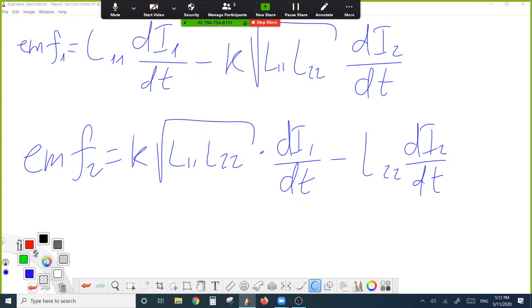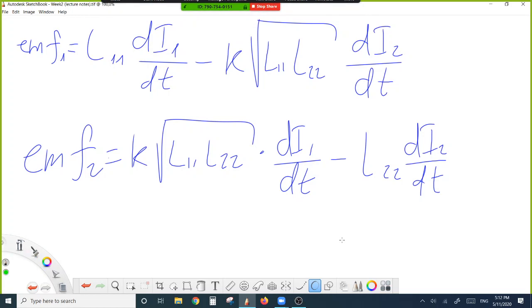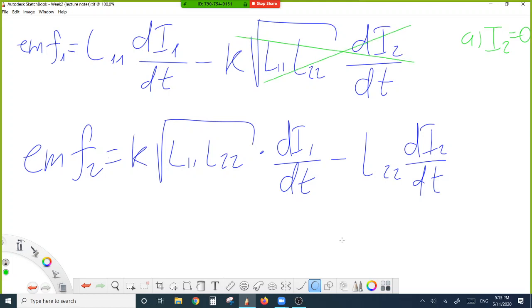According to question A, I2 was equal to 0, so this term is 0 because here we have I2, and here we have I2, and again for this also this term is 0.